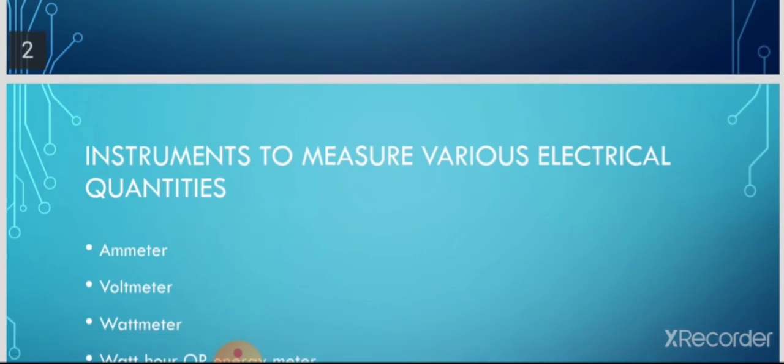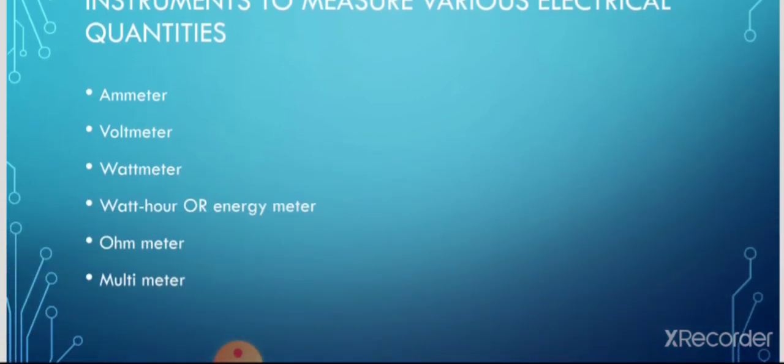And next we are seeing the different types of measuring instruments to measure the different types of electrical quantities. First is the ammeter, which can be used to measure current, voltmeter to measure the value of voltage, wattmeter to measure power, watt hour meter, or you can say energy meter, to measure the energy.